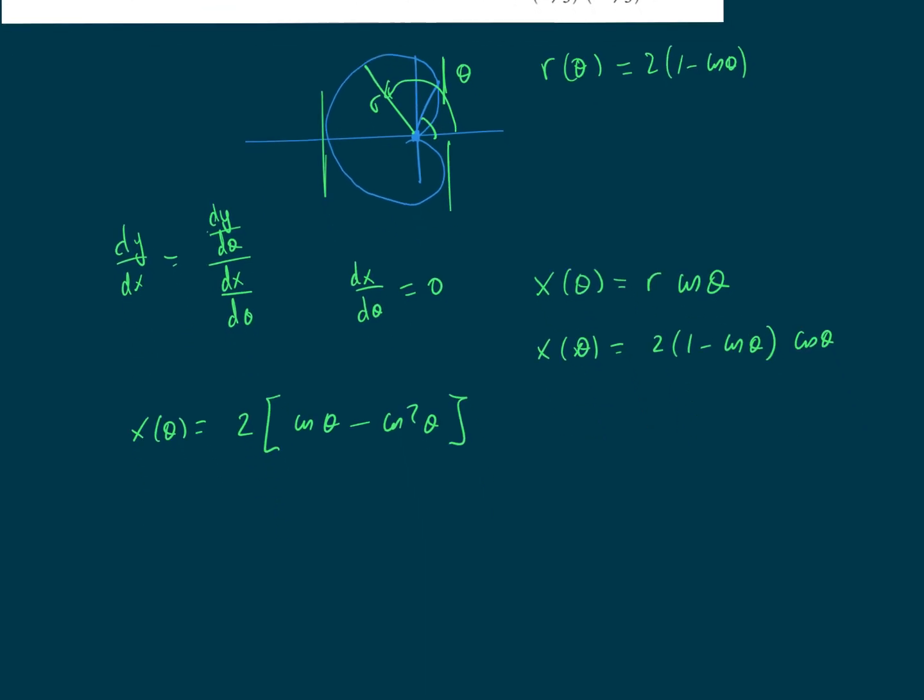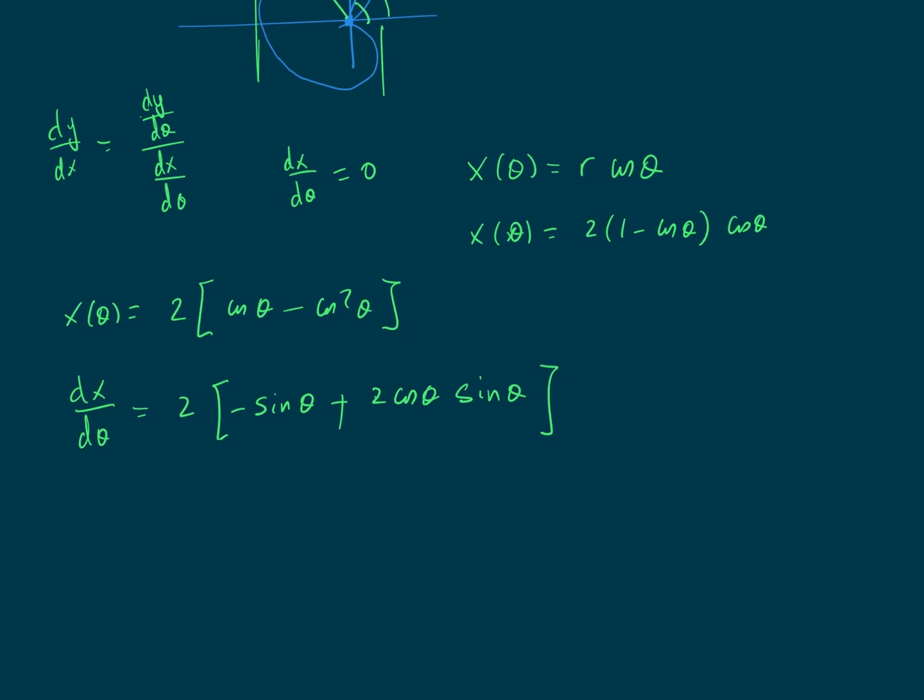And the derivative of x with respect to theta equals 2 times the derivative of cosine of theta, minus sine of theta, minus 2 times cosine of theta multiplied by minus sine of theta, so this will be positive. So this is the derivative of x with respect to theta. I want this to be 0, and I want to find the theta. So 2 times, I will write this like this.